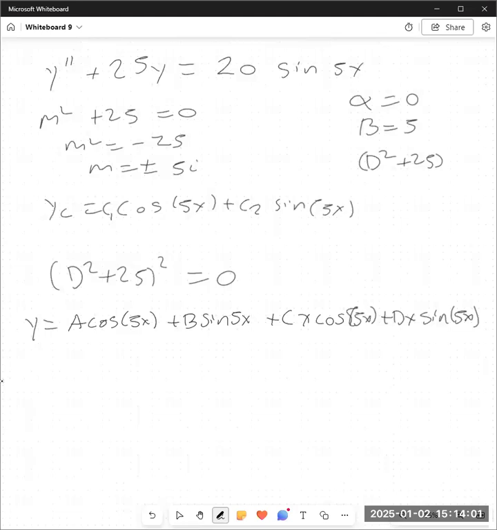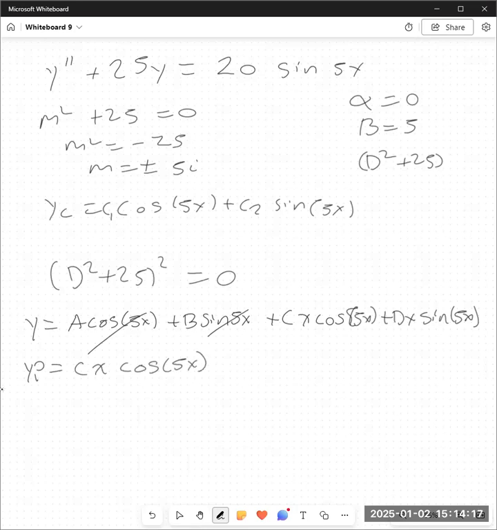I already have sine and cosine of 5x in my original, so I'm just dealing with a yp that is cx cosine of 5x plus dx sine of 5x, like that.